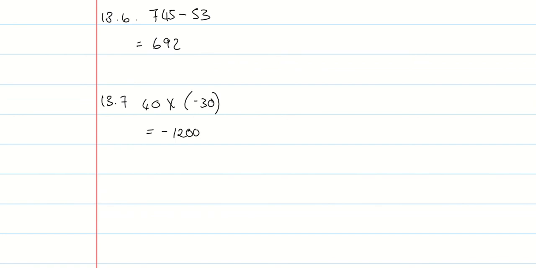Alright, and then the last one is 13.8. 13.8 is 216 divided by negative 6, and then what we can do is look at this. 216, I'm going to write it as a fraction, and then we can say over negative 6.